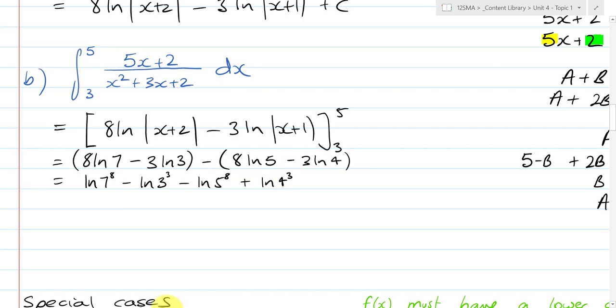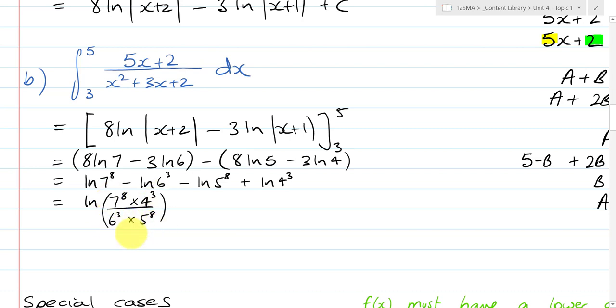What have we done here? Minus 5 plus 1 is 6, isn't it? So that should be a 6. And that becomes log of 7 to the power of 8 times 4 to the power of 3 over 6 to the power of 3 times 5 to the power of 8.